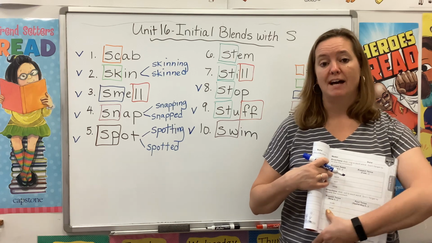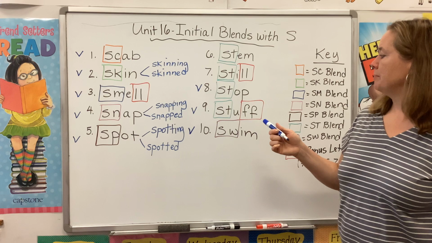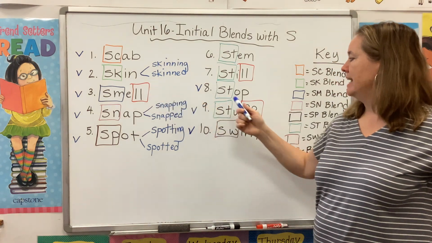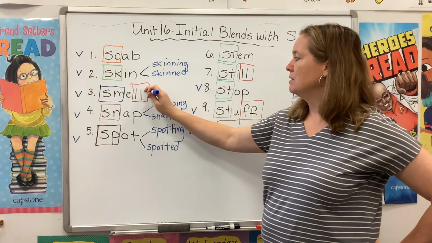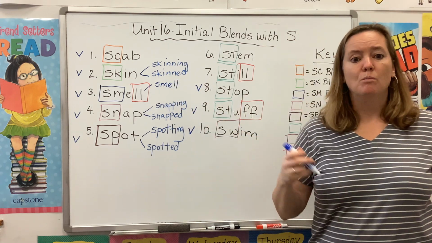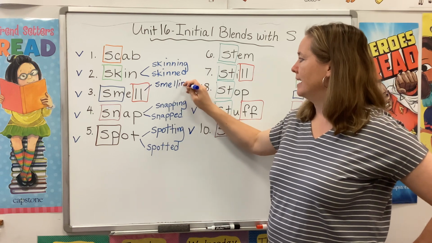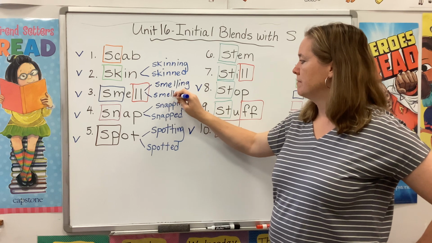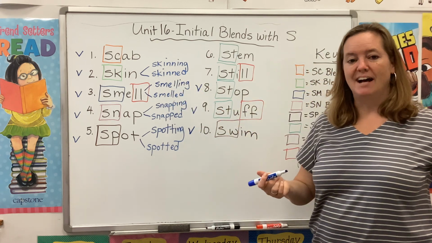Again, double that consonant. One thing I want you to notice, though, I skipped the word smell and stuff because there's no doubling rule involved there. We already have a double consonant, so we can just go ahead and add our ing or our ed. That would look silly if we added more L's, right?